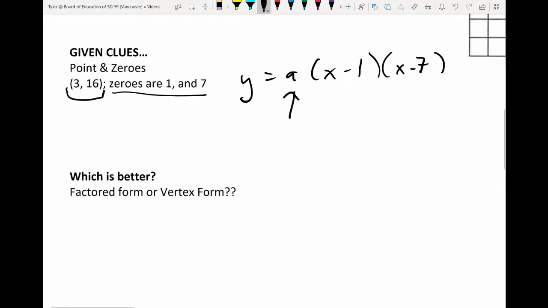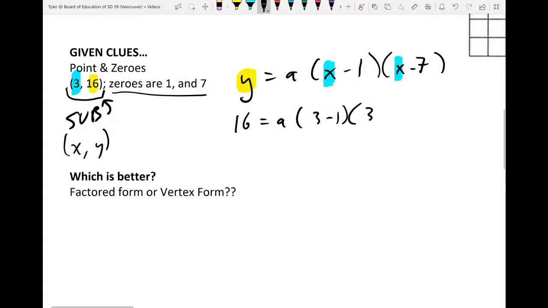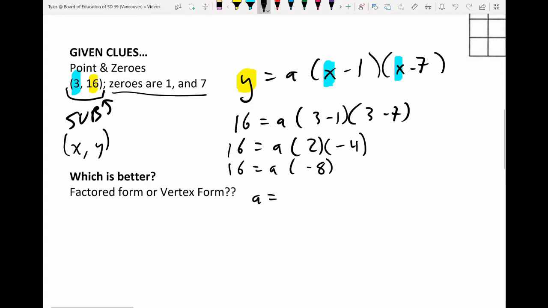Now the only thing is, I don't know what this a value is. To find the a value, I have to sub in this point. And remember, this is xy. So this 3 is going to get subbed into the x, and the 16 is going to get subbed into the y. So it becomes 16 equals a times (3 minus 1)(3 minus 7). 16 equals a, what's that, 2, and negative 4. 16 equals a times negative 8, and then divide both sides by negative 8, and you get a equals negative 2.